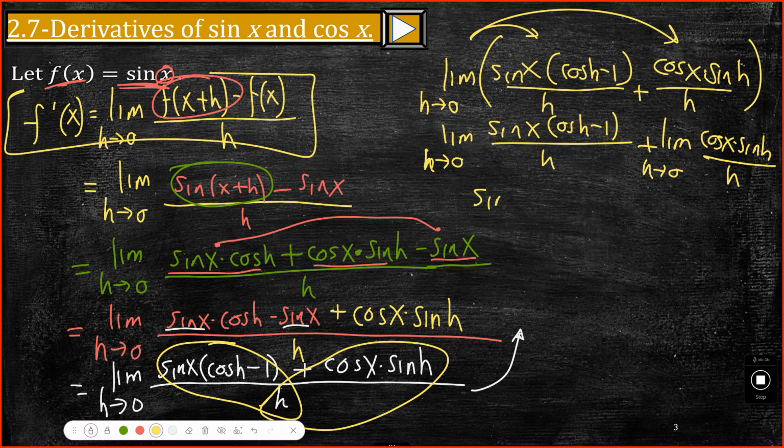So we're going to have sine x factored out, then the limit as h approaches 0 of cosine h minus 1 over h, plus, we can also factor out the cosine x in this one, so cosine x times the limit as h approaches 0 of sine h over h.